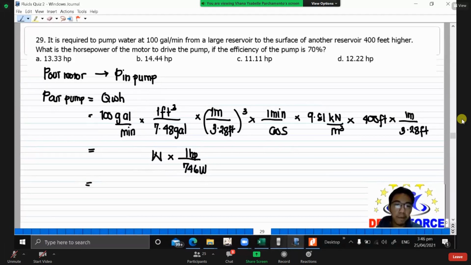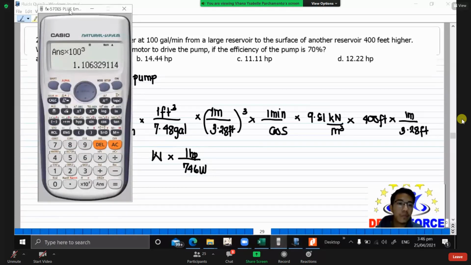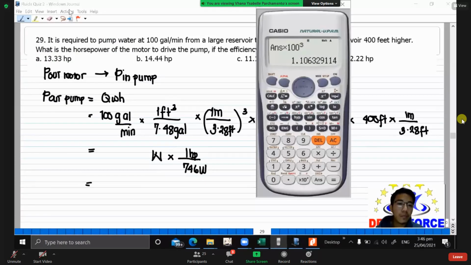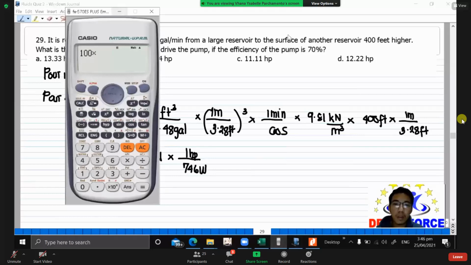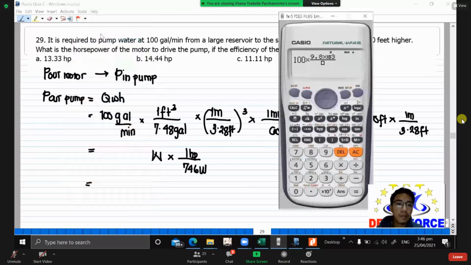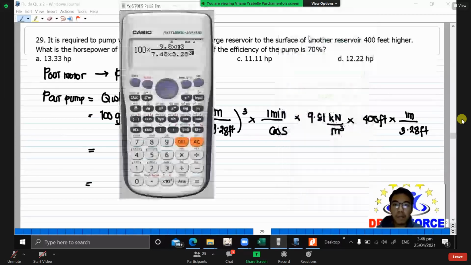So what is the answer? So we have 100 times, multiply natin, 9.81 kilonewtons divided by 7.48 times 3.28 cube. Ano pa?